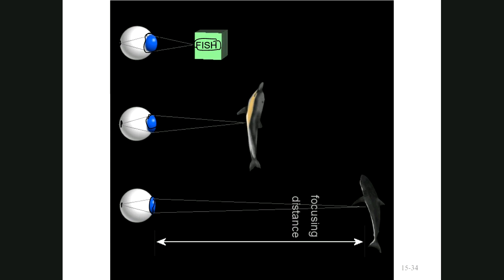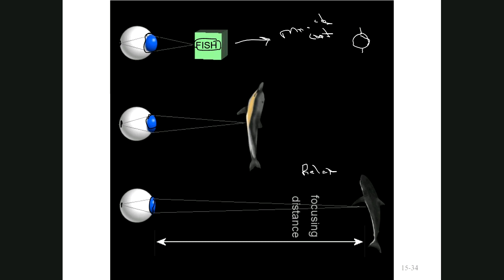So remember, in order to get this to happen, what has to happen here is the muscle has to contract. We're going to relieve the tension on the lens, and the lens is going to get fat. But here, look, in order for this to work, the muscle has to relax. It's going to get wider.